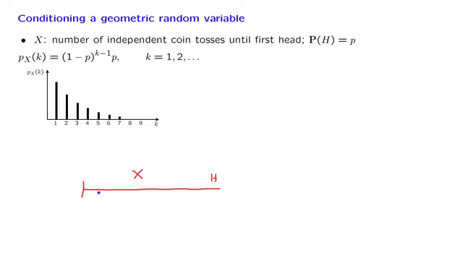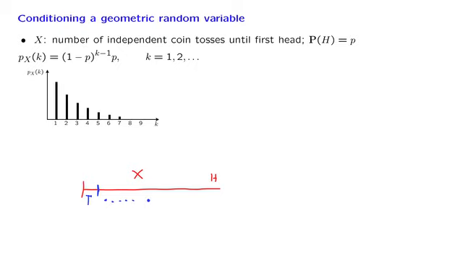Suppose that you show up a little after the experiment has started, and you are told that there was so far just one coin toss, and that this coin toss resulted in tails. Now you have to take over and carry out the remaining tosses until heads are observed. What should your model be about the future?